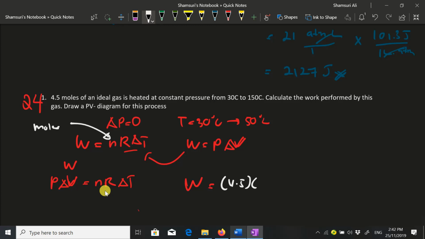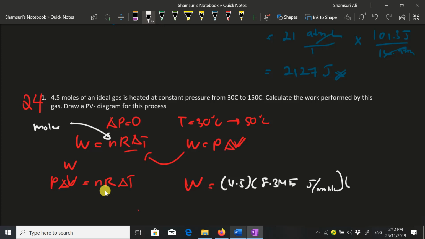R is using joule, so we have 8.3145. This is actually joule per mole Kelvin.